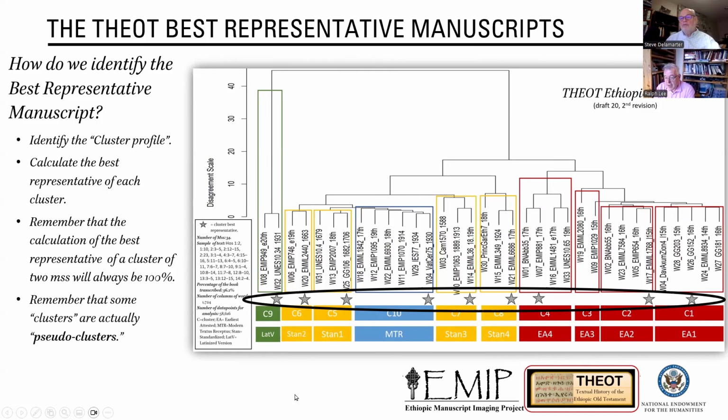Finally, a point to note is seen in cluster 3, EA3, which is a pseudo cluster. We haven't chosen to designate a best representative there because it is a pseudo cluster, and so the concept isn't meaningful really for that particular group of manuscripts.